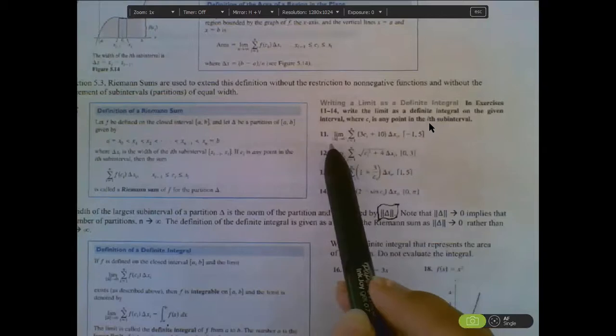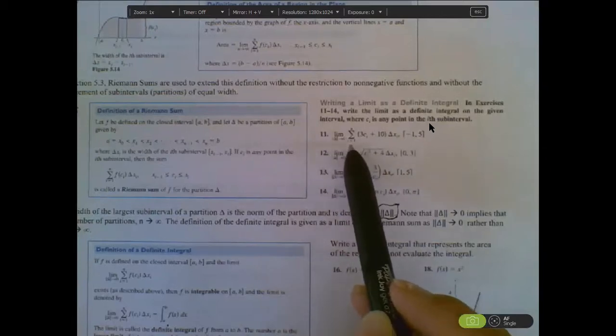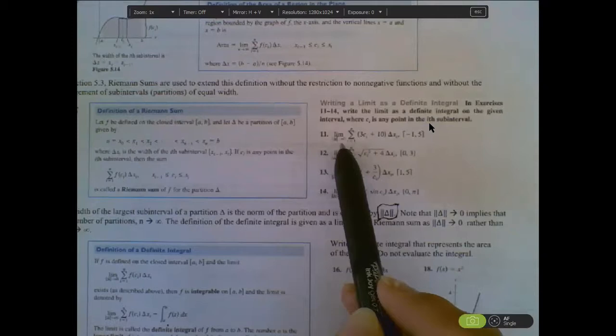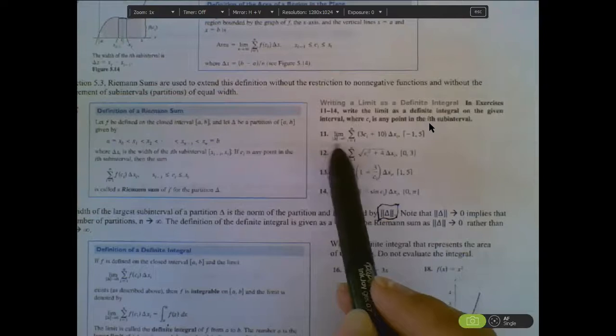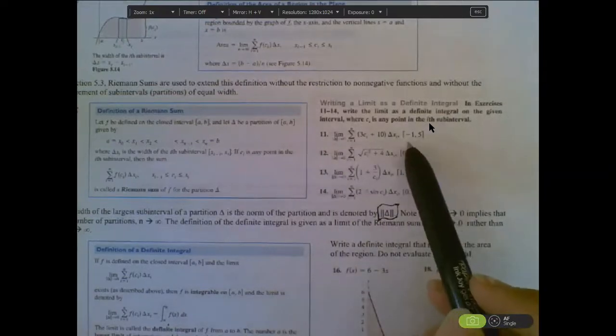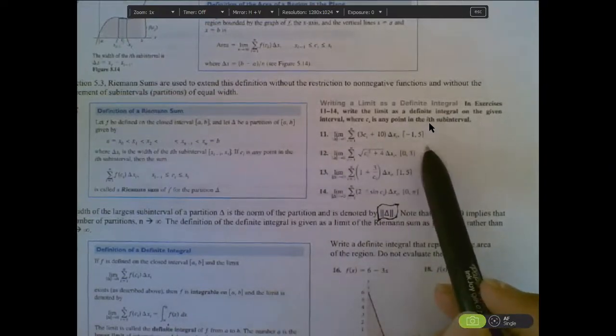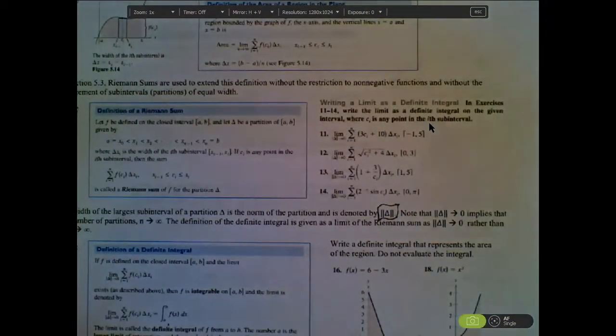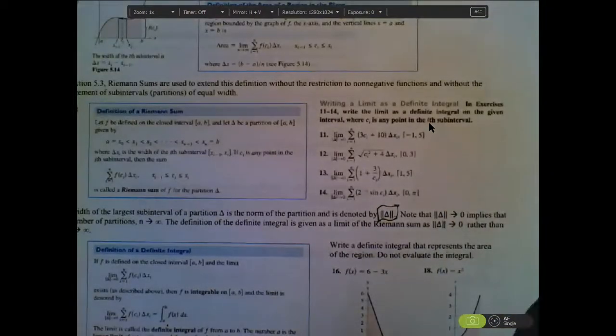So take the limit of that Riemann sum as the width of a rectangle goes to 0 and write what definite integral that limit would be equivalent to on the closed interval from -1 to 5. Now this is going to be easy. It's understanding what it means that is difficult, not the doing it.